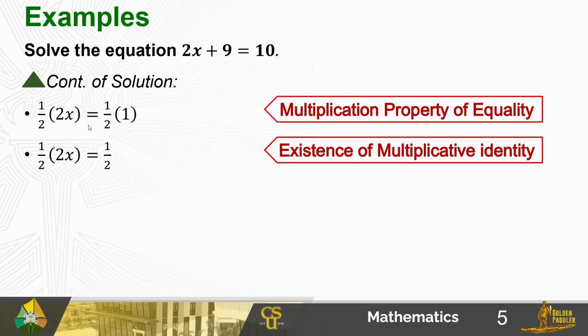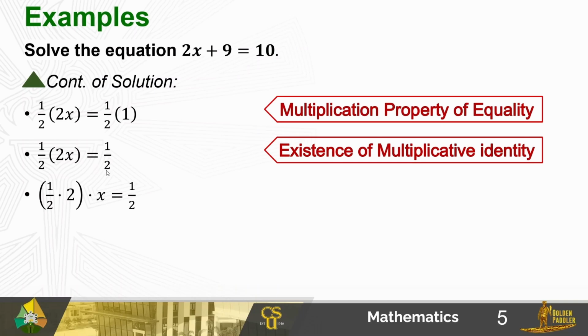Take note that 1 is a multiplicative identity. So if we multiply 1 by 1/2, then we get 1/2. Now, 1/2 times 2x is equal to 1/2. If we regroup this, we get 1/2 times 2 times x is equal to 1/2.